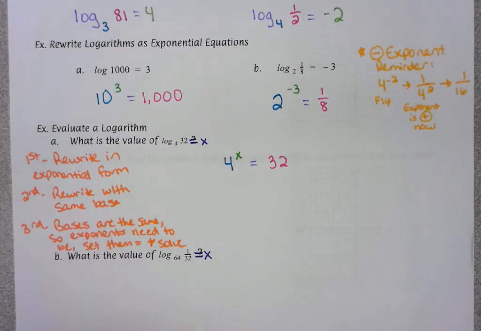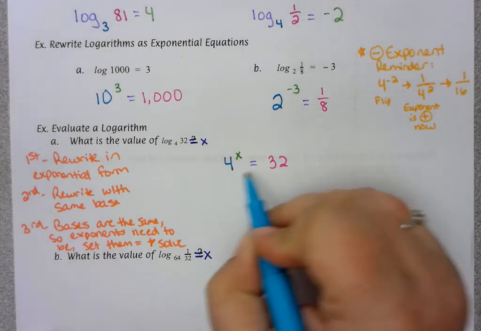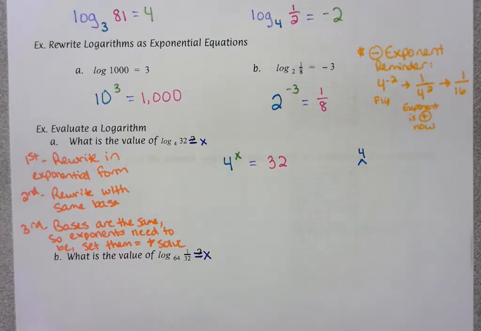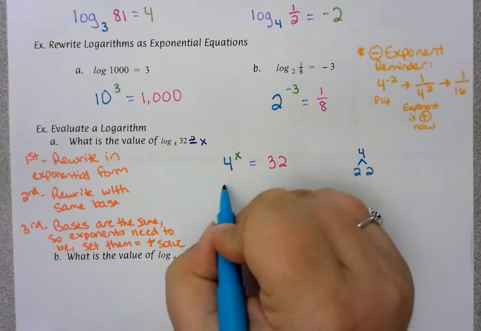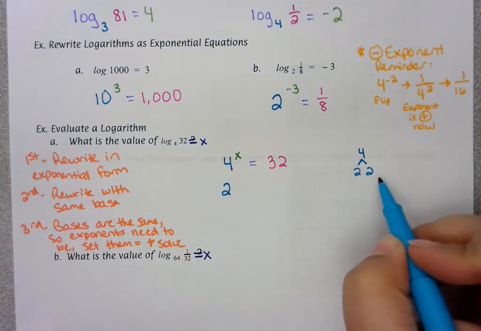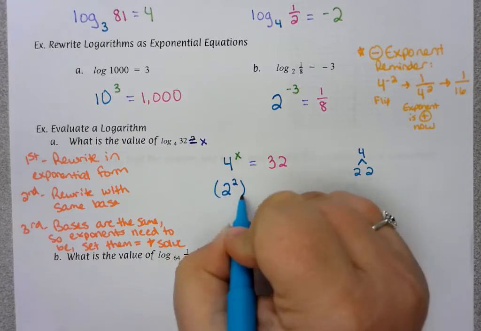Step 2 says rewrite as the same base. Well, neither one of those numbers are the same number, so I'm going to come over here and make a factor tree for them. So if I make a factor tree for 4, I get 2 and 2. That means I can rewrite this as 2 to the power of how many I have over here. So that's 2 to the second.